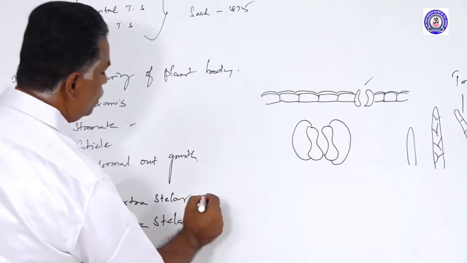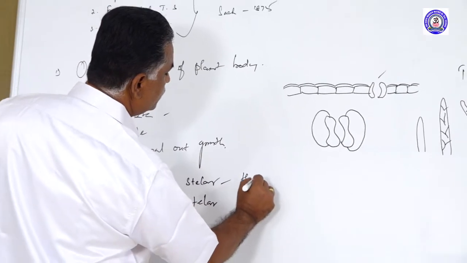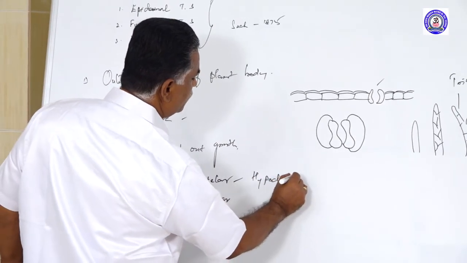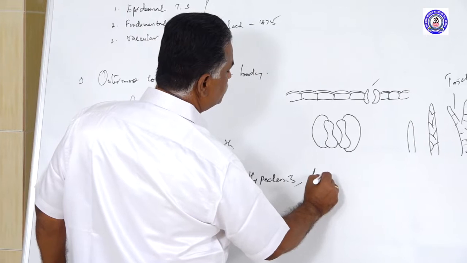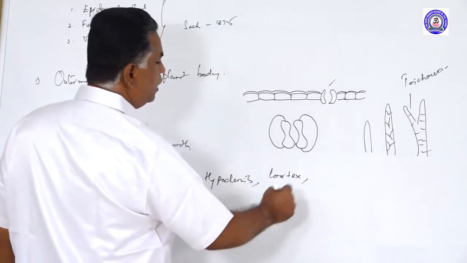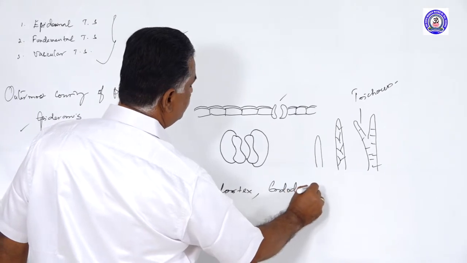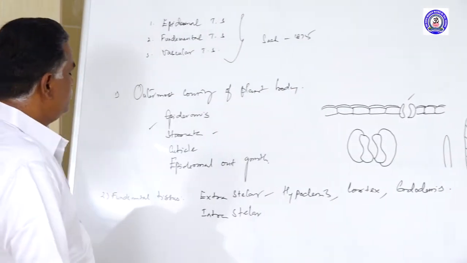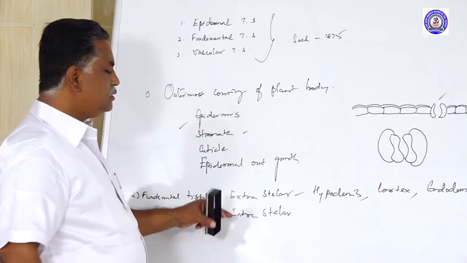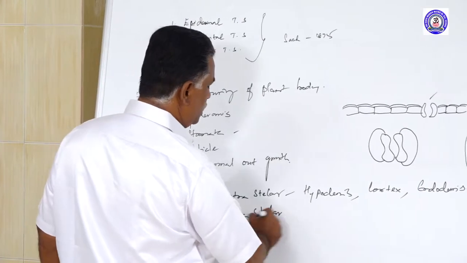Extrastellar ground tissues are hypodermis, cortex and endodermis. Extra means outside.